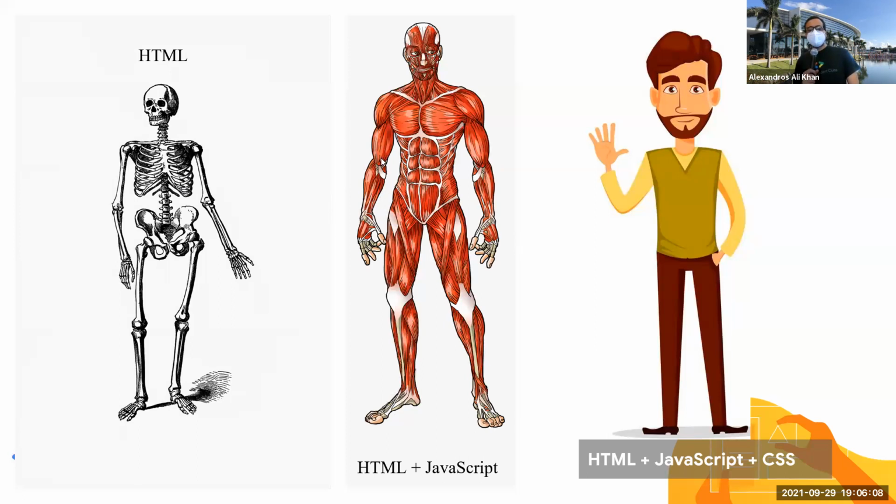With JavaScript, we can add some more functionality. It can actually do something now. It can respond to you. It can move on its own. It can produce some values for you. So here we have the muscular skeletal structure. And then with CSS, we can think of that as the skin, where we're actually putting some nice colors, some attributes on our website.